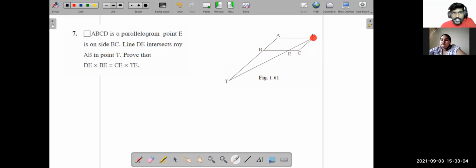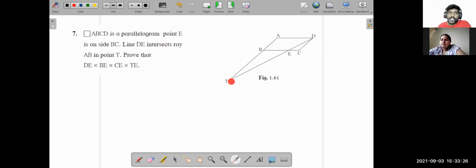Line DE intersects ray AB. Now AB is extended, and this is the ray. So line DE intersects the ray AB at point T. Now this is intersecting outside, not inside.